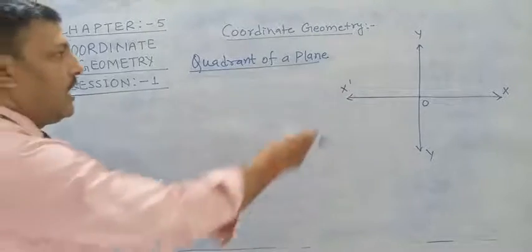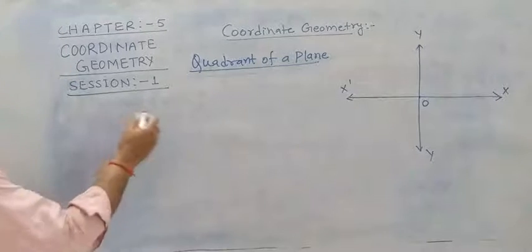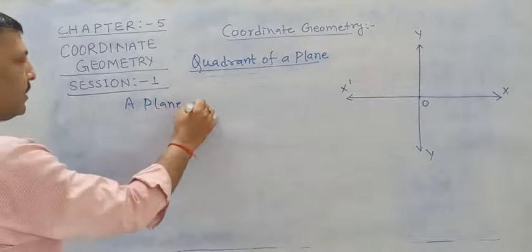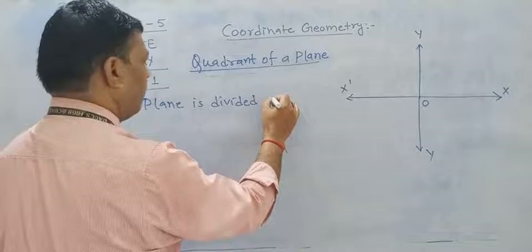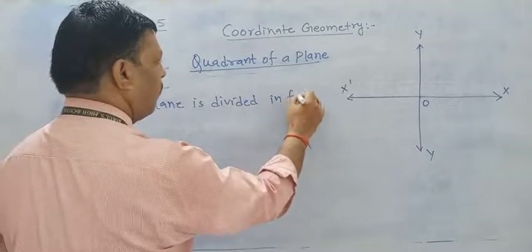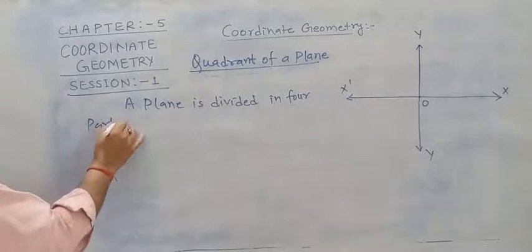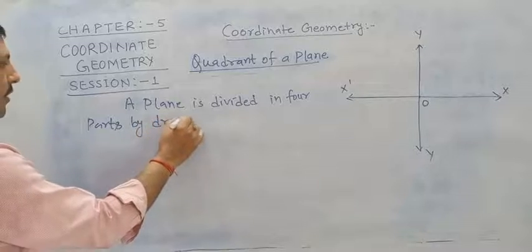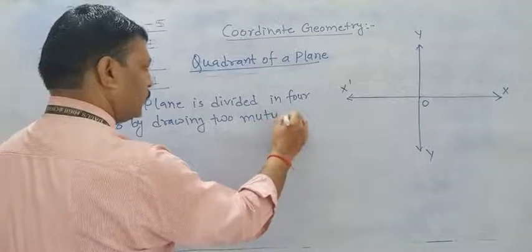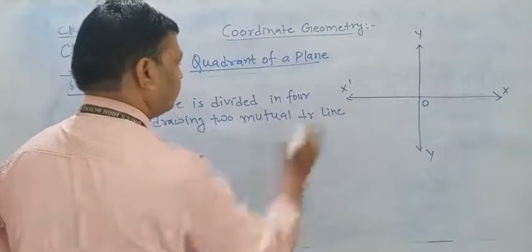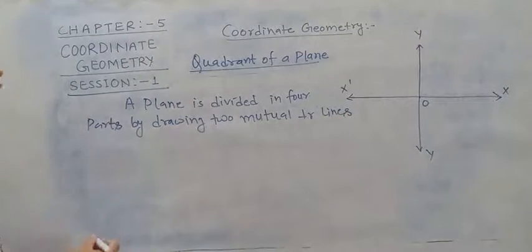First of all, a plane is divided in four parts by drawing two mutually perpendicular lines.